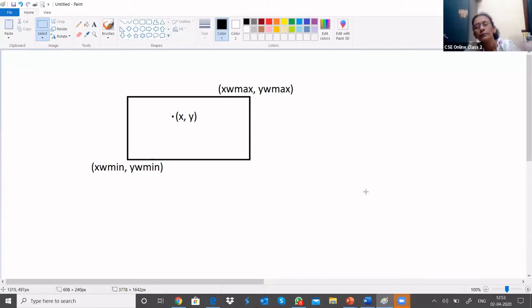In the same way, what about the Y coordinate? Again, Y should lie between YW min and YW max. Only then the point (X, Y) will be inside the clipping window.